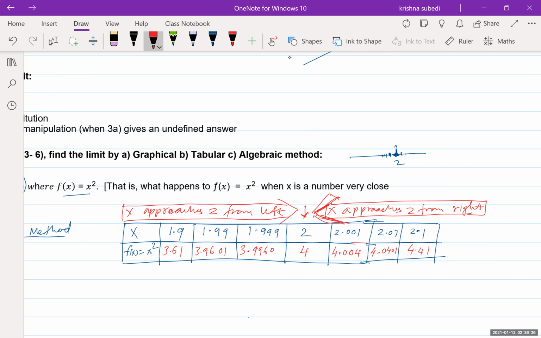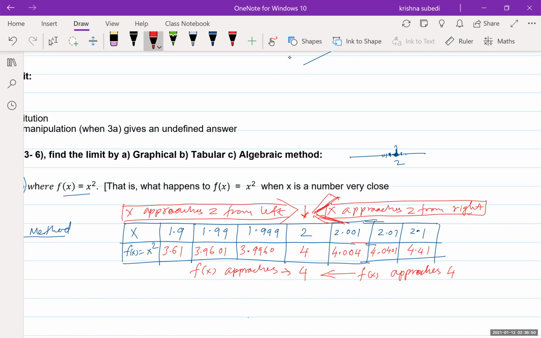And what we notice is on this side, f of x approaches 4 from this side, and f of x approaches 4 from the right hand side as well.